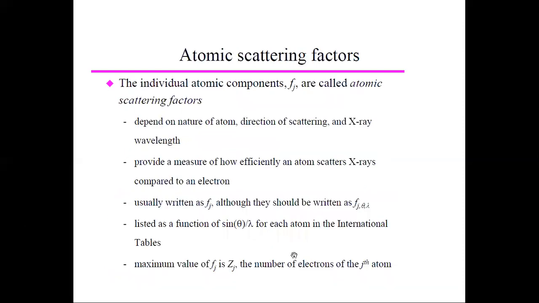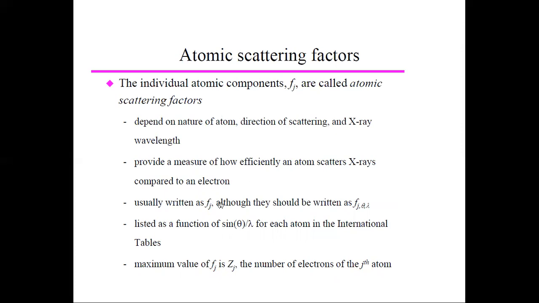From that we move to another topic called the atomic form factor, also called the atomic structure factor. The individual components f_j are called atomic structure factors. This factor depends on the nature of the atom, the direction of scattering and the X-ray wavelength. It provides a measure of how efficiently an atom scatters X-rays compared to an electron.